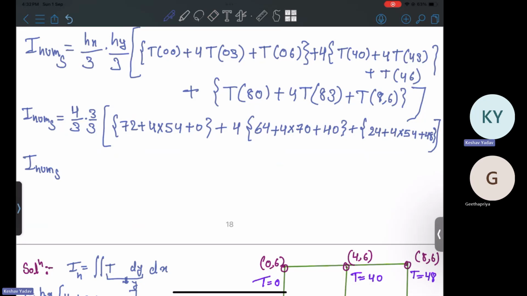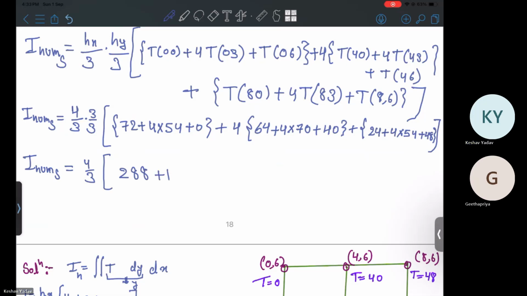Now we want to find out the value of this expression. So 72 plus 4 multiplied by 54 will come as 288. Now 64 plus 4 multiplied by 70 plus 40, okay, so you have got the value, but let me again confirm, multiplied by 4.